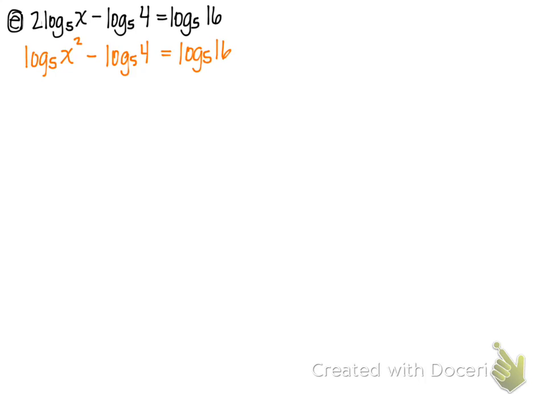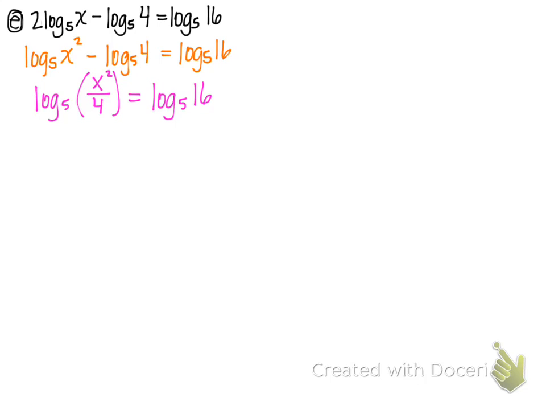Now, if you take a look between those 2 logarithms, we have a minus sign, which means that we're going to use our quotient property. For our quotient property, we do the first one over the second one. So we have log base 5 of x squared over 4 is equal to log base 5 of 16.